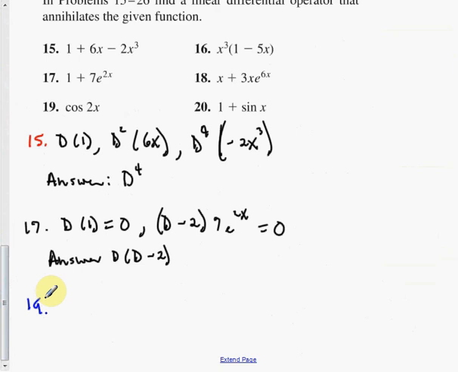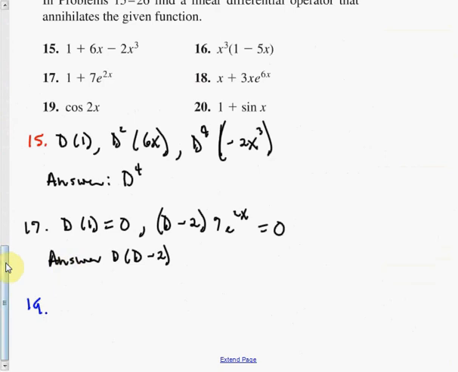How many derivatives does it take to get that function wiped out to 0? That's all they're saying. So what do you get for 19? You see that formula for if it's cosine beta x, or if it's sine beta x, it's just one simple formula, right? So it'll be d squared plus 4, right? Because beta is 2. So it's d squared plus beta squared.